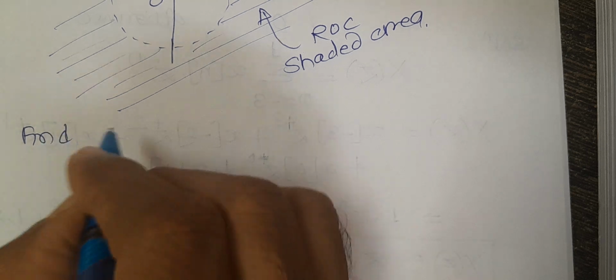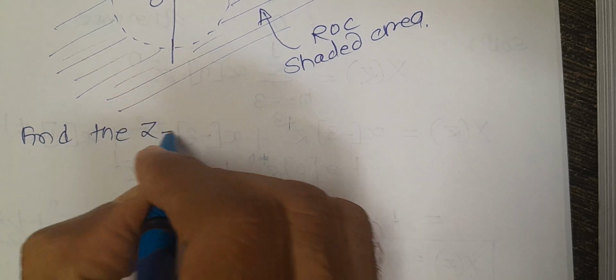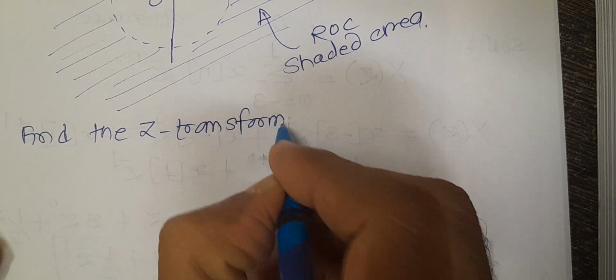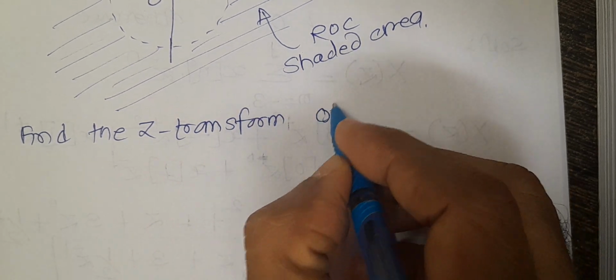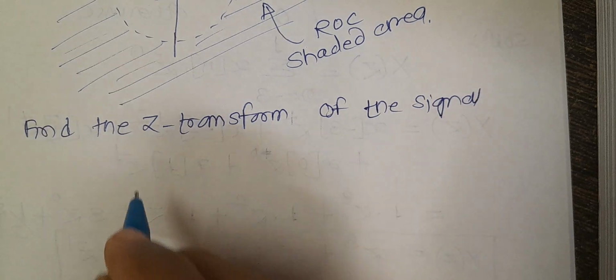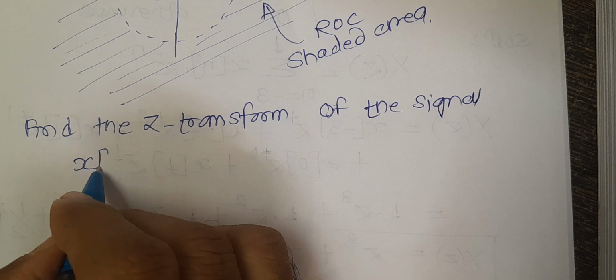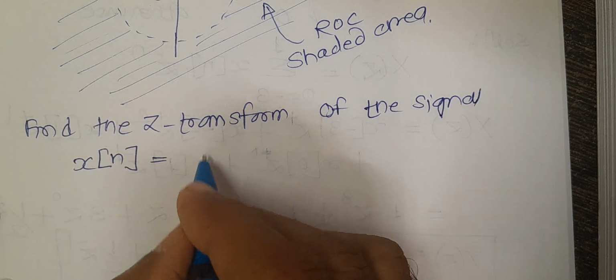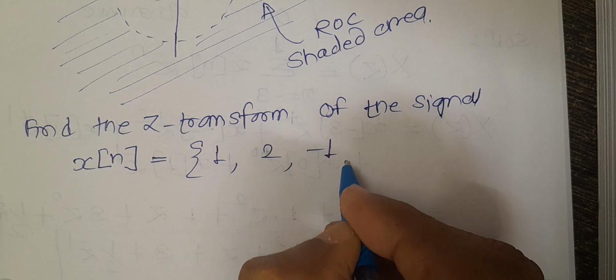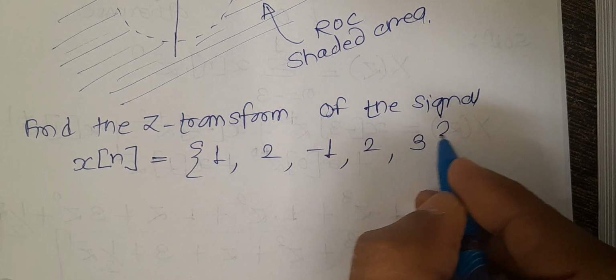Find the z transform of the signal x of n is equal to 1, 2, minus 1, 2 and 3.